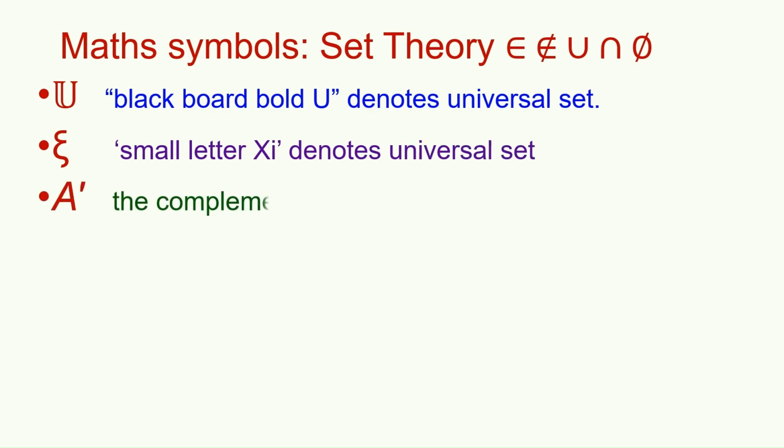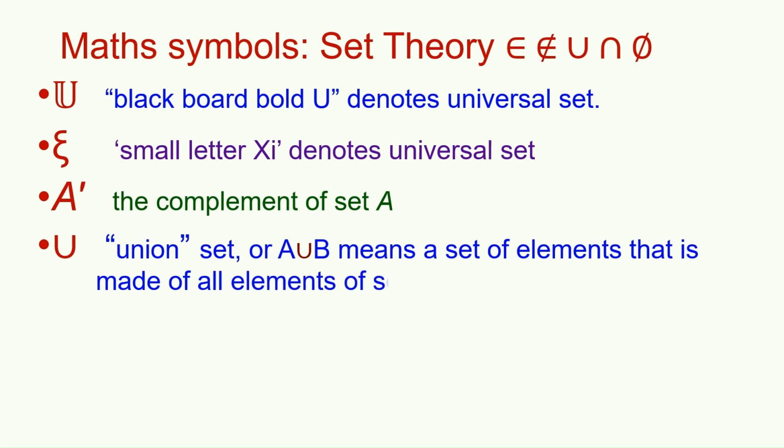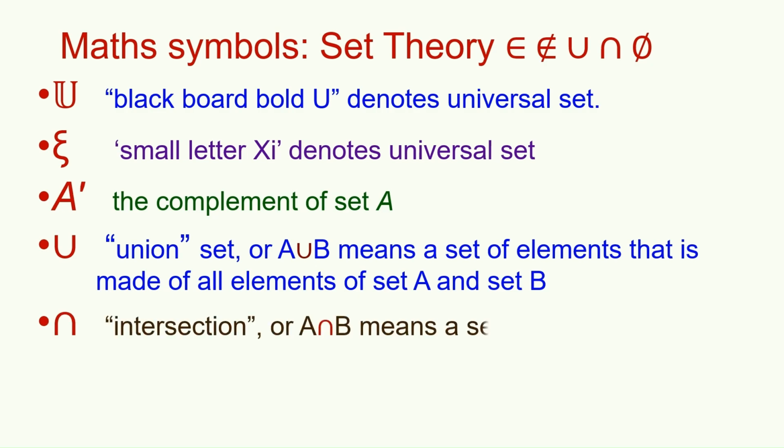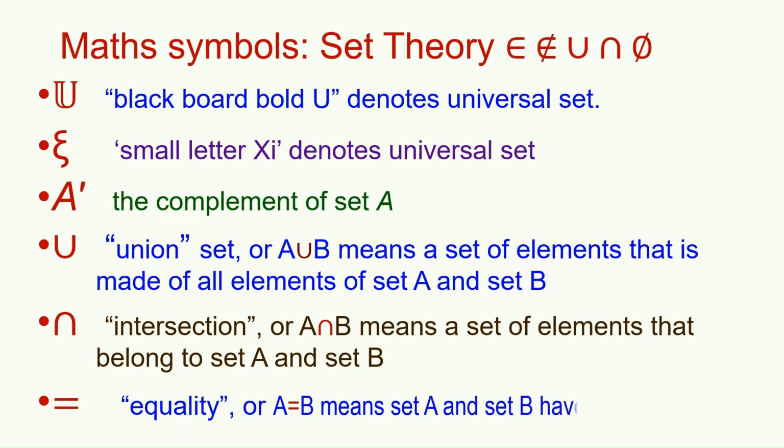A prime denotes the complement of set A. Union symbol: A union B means a set of elements that is made of all elements of set A and set B. Intersection symbol: A intersection B means a set of elements that belong to set A and set B. Equals, A equals B, means that set A and set B have the same members.